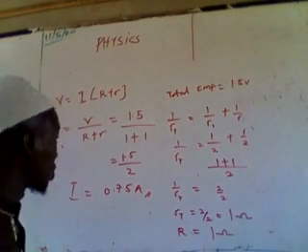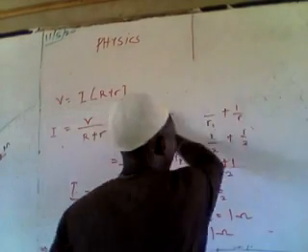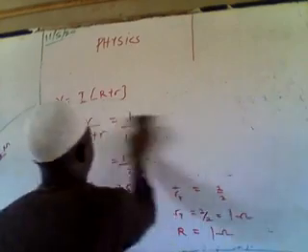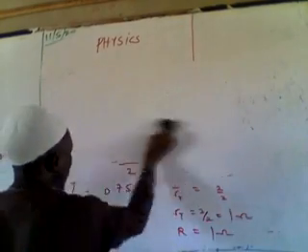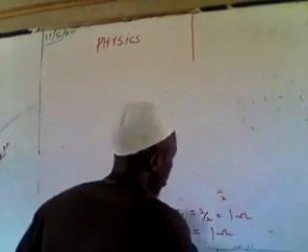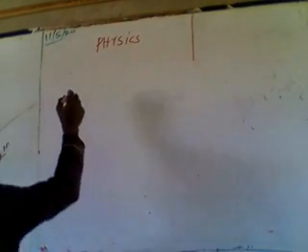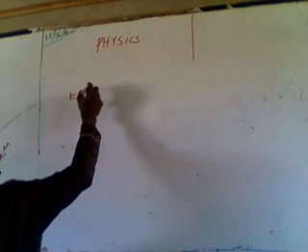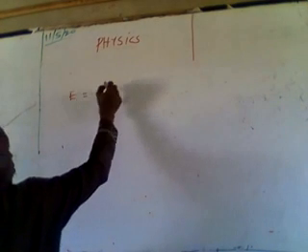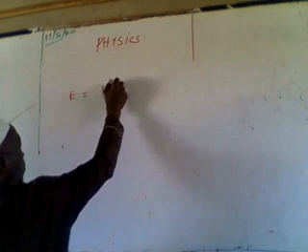Then quickly, before we go to electrical energy and then electrical power, we have some formulas to state the electrical energy. Electrical energy E equals VIT.